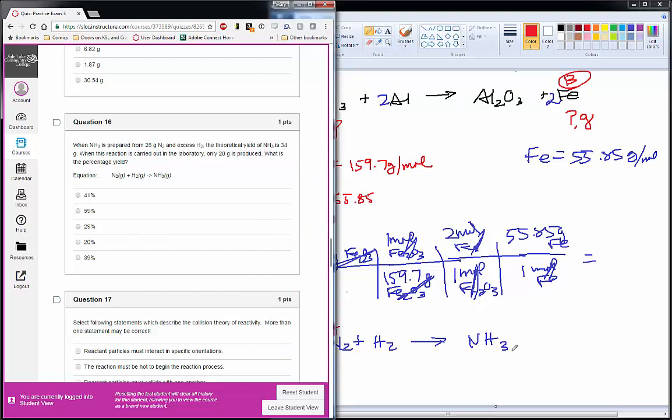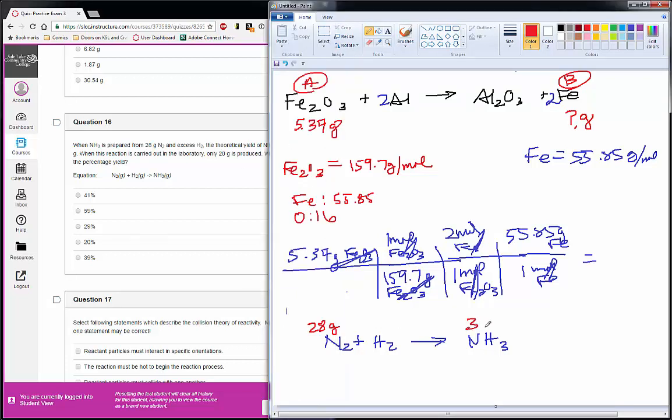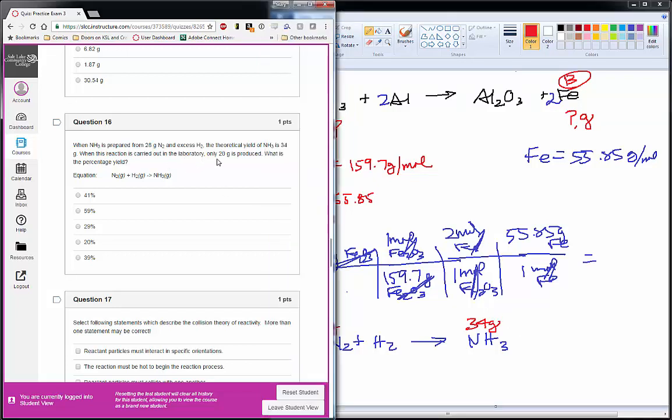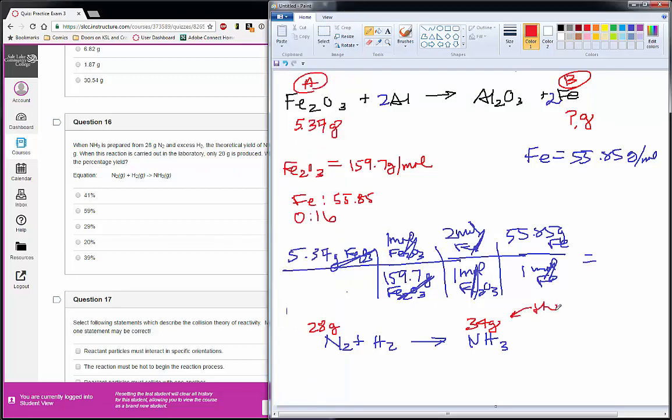It tells me the theoretical yield of NH3 is 34 grams, so I don't have to calculate that. That's nice. When the reaction is carried out, I only get 20 grams, so this is theoretical, and the actual equals 20 grams. And they want to know what the percentage yield is.